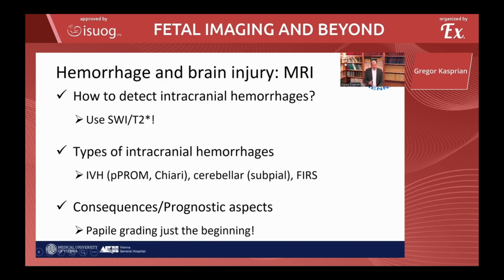And finally, consequences and prognosis in these conditions is not so easy. I feel that the Papile grading is solid, but is not really extremely reliable when it comes to prognosing the full extent of the cognitive and motor deficits of these children. We need better scores. I think the Papile grading will in future be history.